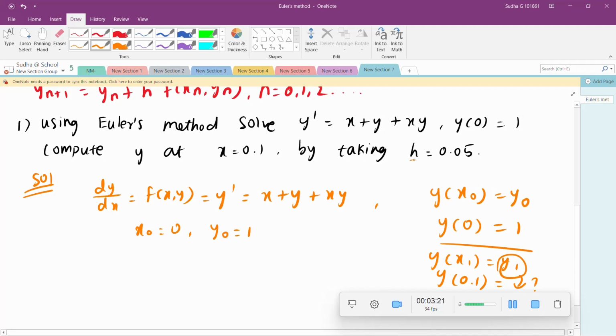As well as here the h value is given. In case the h value is not given, we will take h equal to x1 minus x naught, 0.1 minus 0, so we will take directly h value 0.1. So here the given h value is 0.05. So in this problem, it will take two cases, y1 and y2.